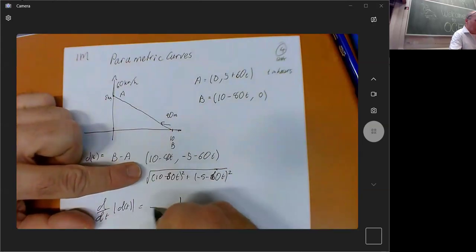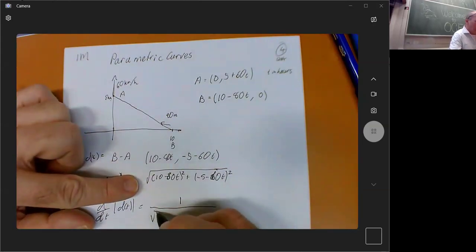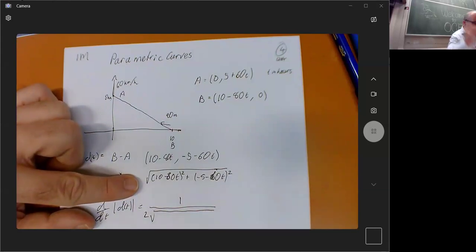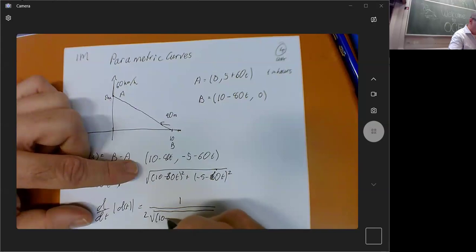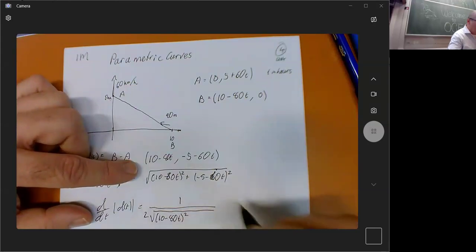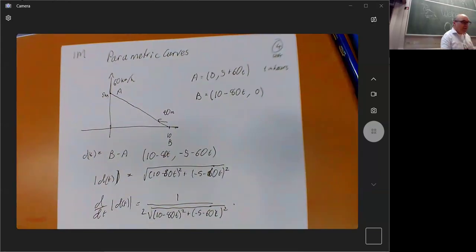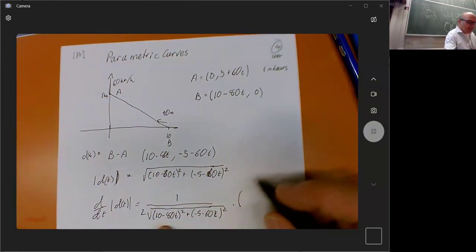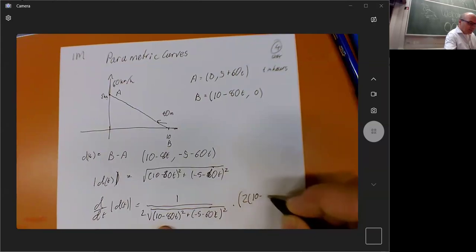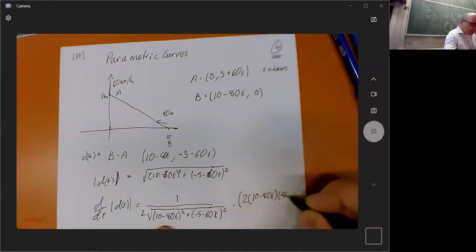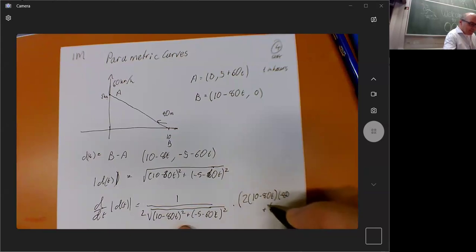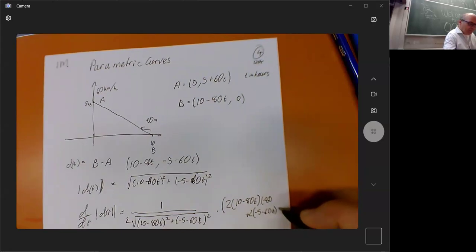So chain rule says it's going to be 1 on 2 times that function, so 10 minus 80t all squared plus minus 5 minus 60t all squared, times by the derivative of the bit inside. That's going to be 2 times 10 minus 80t times by minus 80, plus 2 times minus 5 minus 60t times by minus 60.